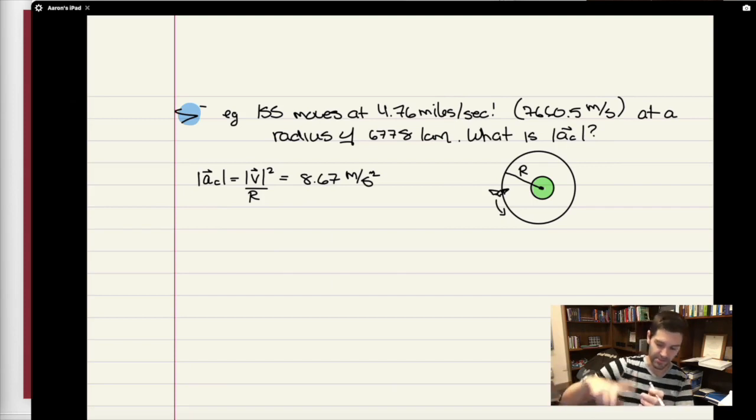But the International Space Station, since it's moving around the Earth as well, keeps falling towards the Earth and missing. Notice this 8.67 is not 9.8. It's far enough away from the surface that the acceleration due to gravity is not 9.8. Remember, that's only when you're close to the surface of the Earth. Anyway, end of aside.